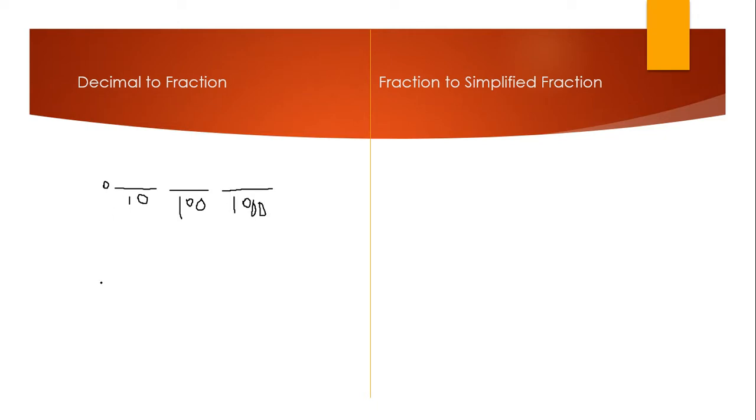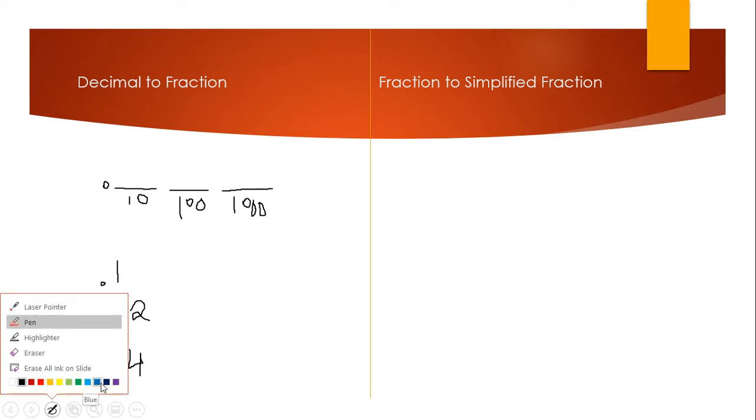Okay, so when you have a decimal like 0.1 or 0.02 or 0.54, you can read the place value and that would tell you the fraction.